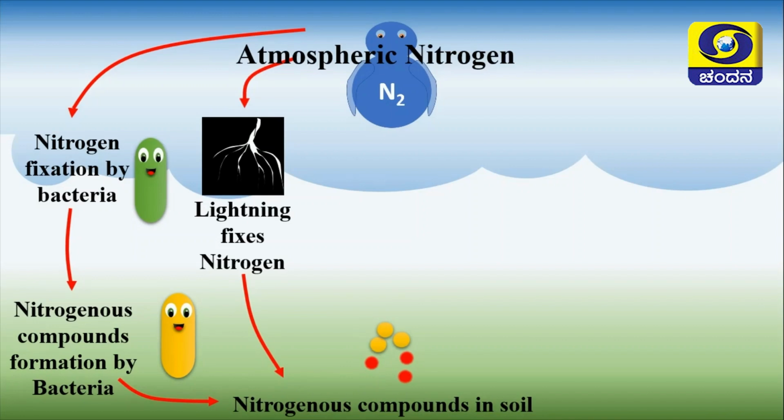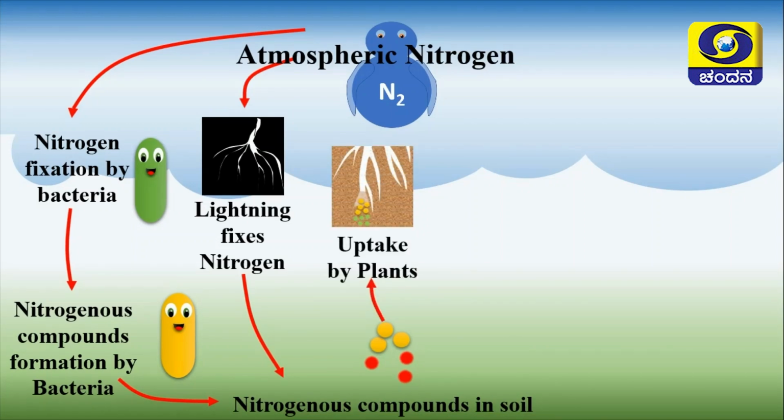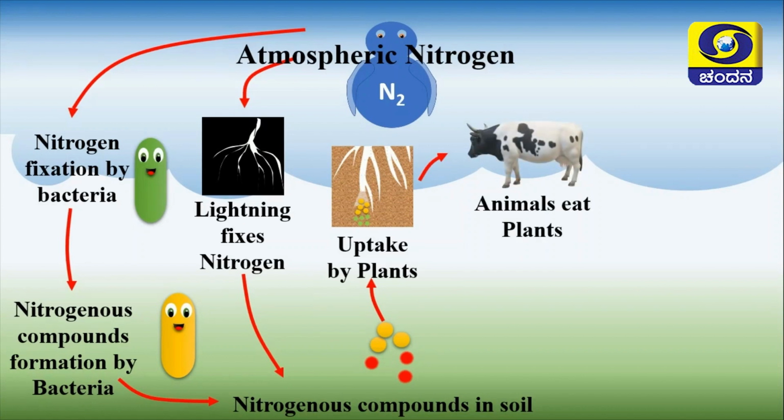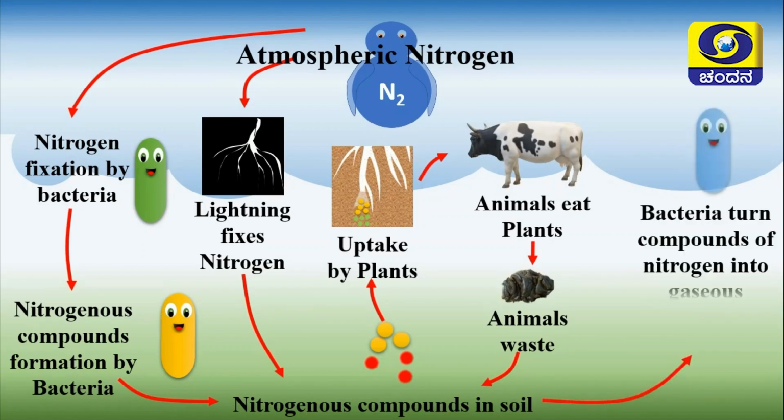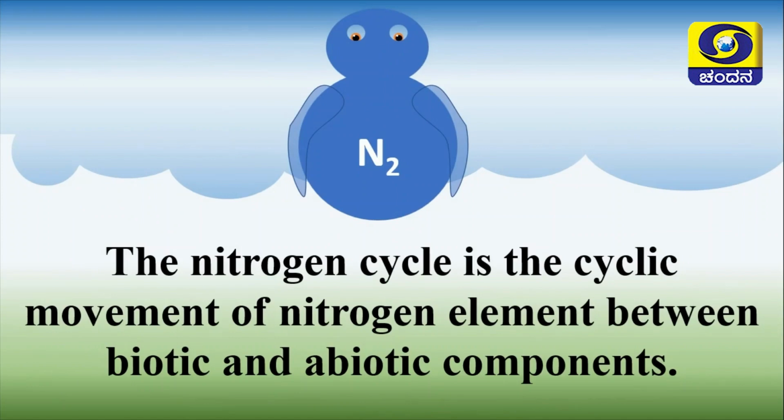Lightning fixes nitrogen, nitrogenous compounds uptake by plants, animals eat plants, and when they excrete, animal waste also contains nitrogenous compounds. Bacteria turn compounds of nitrogen into gaseous nitrogen. Again, it goes back into atmospheric nitrogen.